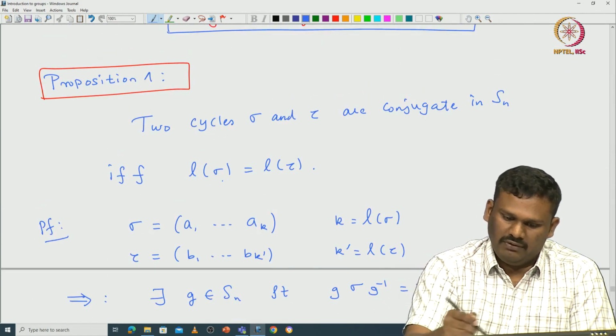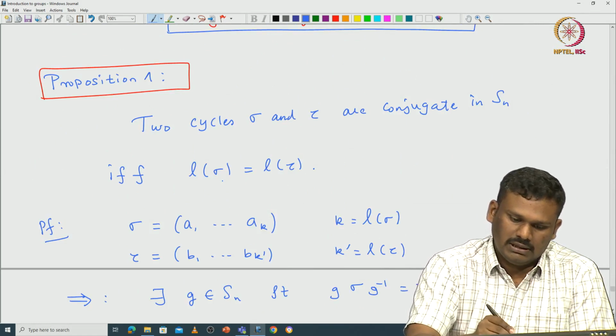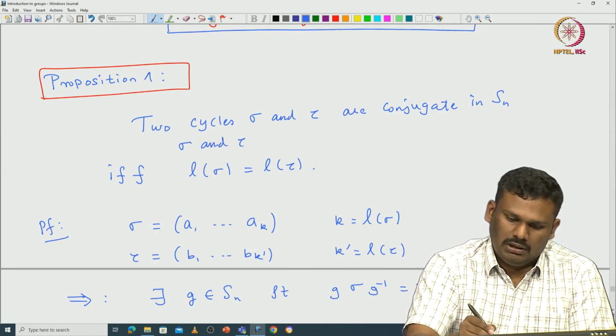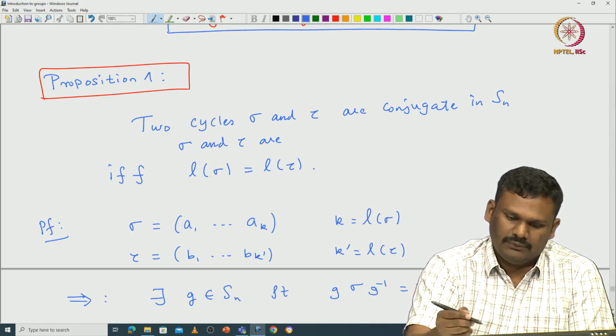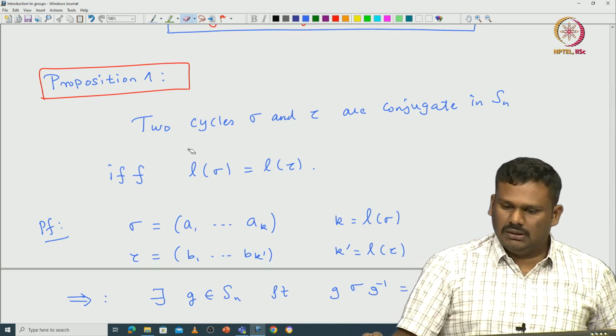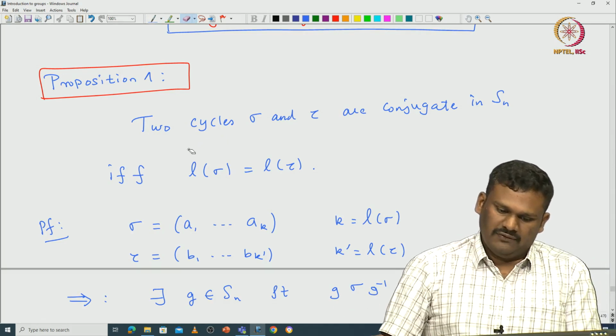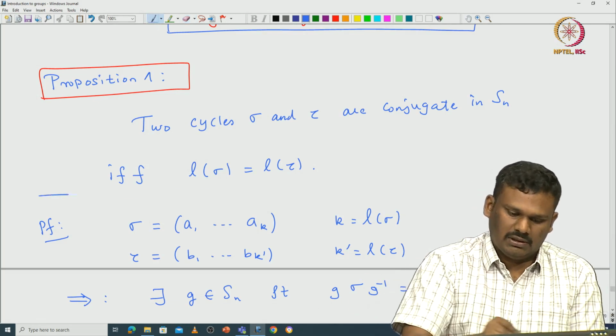So, if and only if we want to say the length of sigma is the same as the length of tau, sigma and tau are both cycles. So, that is already given. So, two cycles sigma and tau are conjugate if and only if the length of sigma is equal to the length of tau. So, there is no ambiguity in the statement.